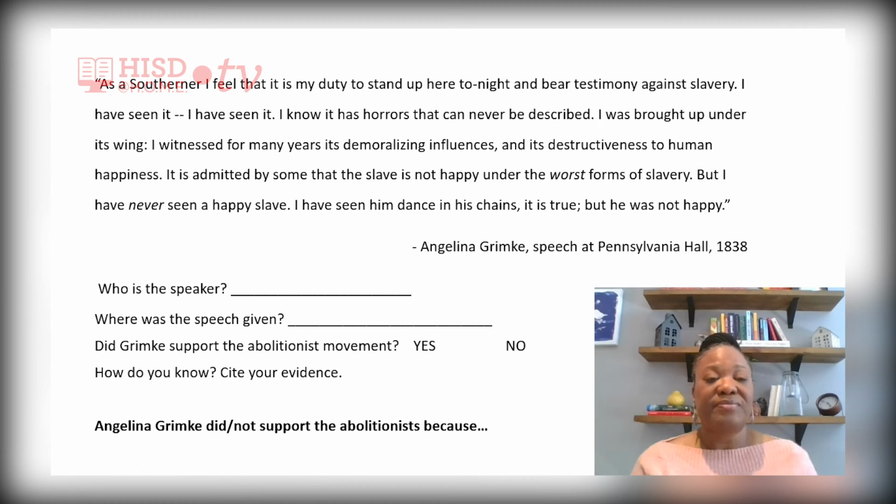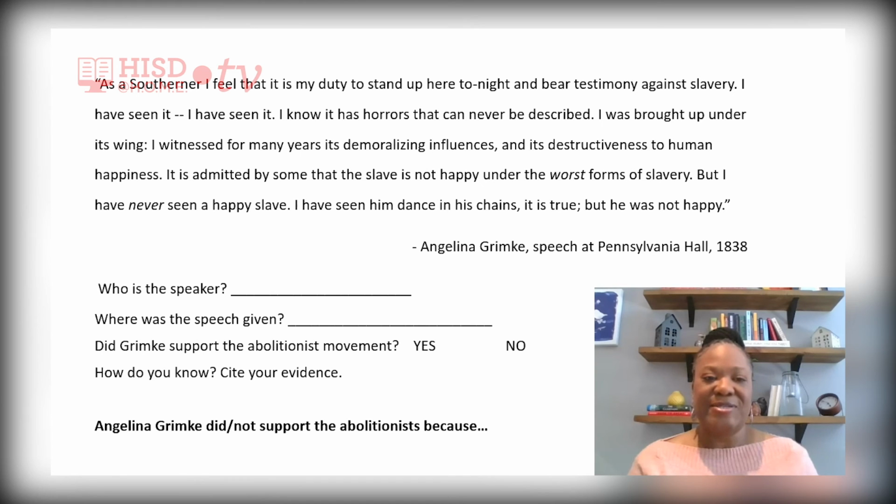As a Southerner, I feel that it is my duty to stand up here tonight and bear testimony against slavery. I have seen it. I have seen it. I know it has horrors that can never be described. I was brought up under its wing. I witnessed for many years its demoralizing influences and its destructiveness to human happiness.